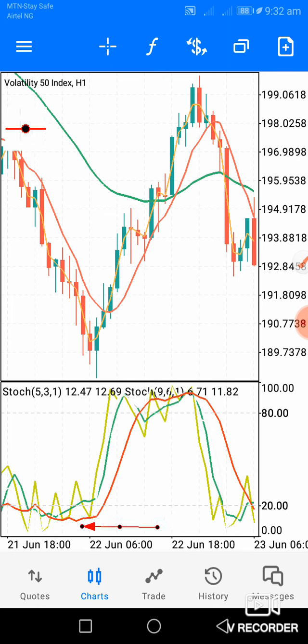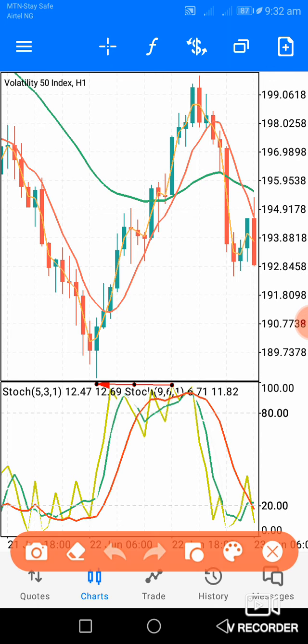It was acting as a slope here, but in some other cases you will find that no matter how, if the lemon crosses the green, it will also cross the red. Then our two moving average, can you see it?